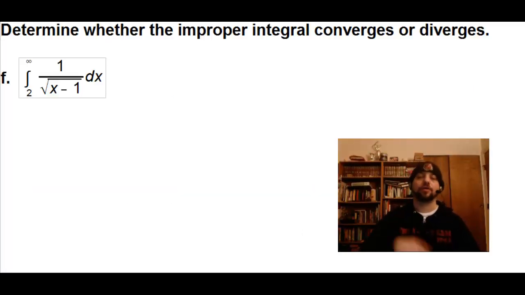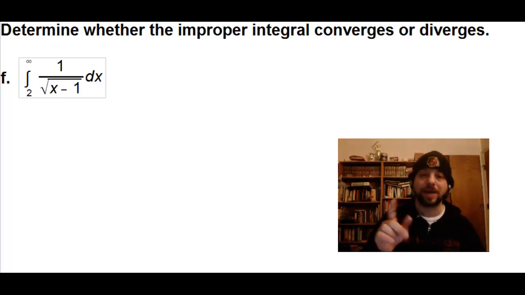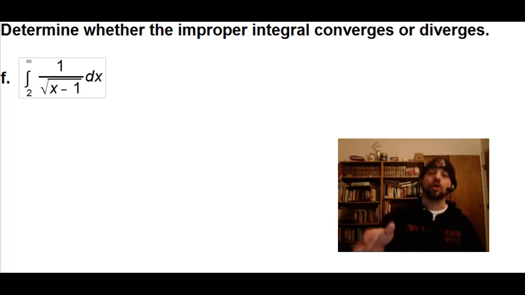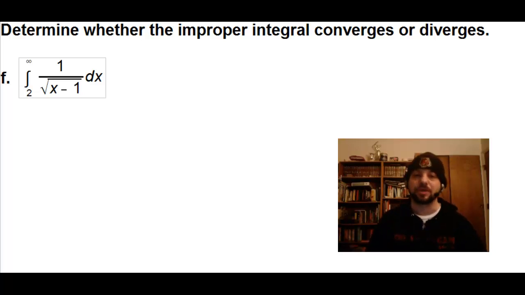Before we begin our first P-series example, I want you to take a quick look back up at examples A and B that we worked out earlier in these same notes here. Hopefully what you'll notice is that examples A and B both were P-series examples. Clearly they were just done before P-series were introduced.